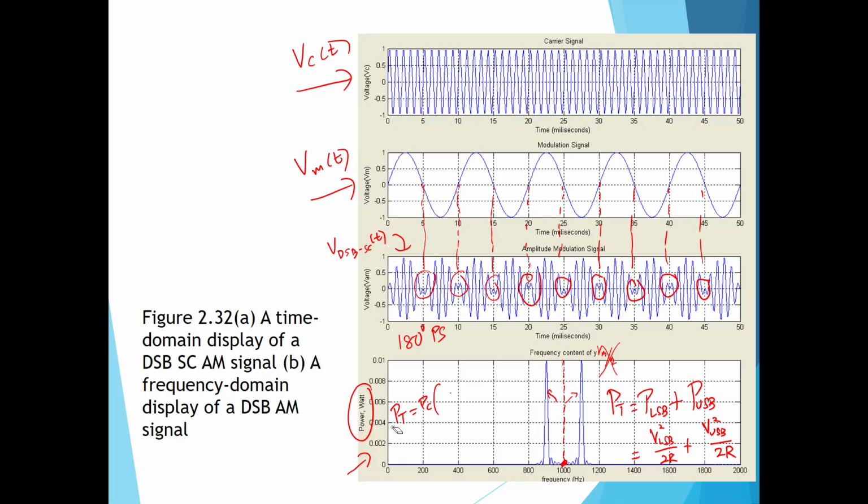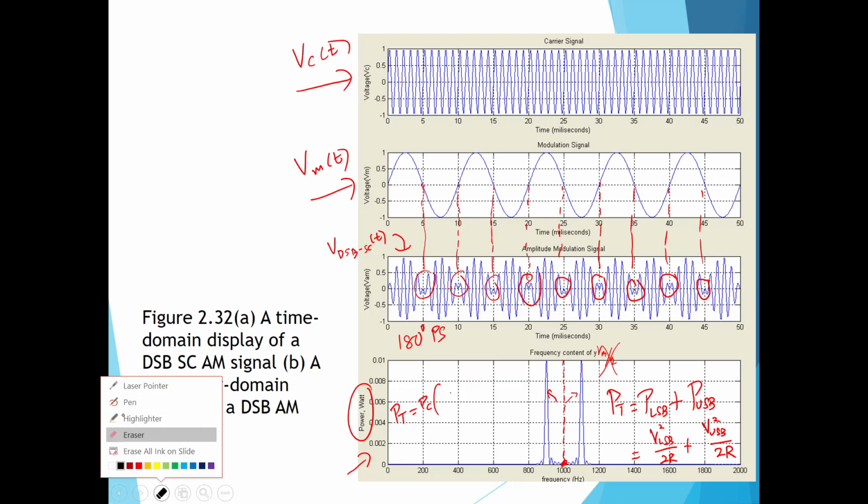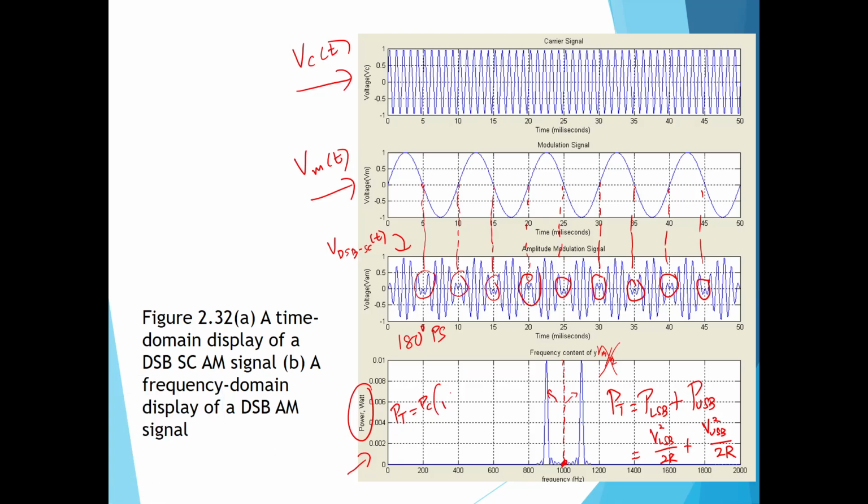You cannot use this equation anymore because this is not double sideband full carrier. Okay, don't use this equation. This is only true for double sideband full carrier. You need to use the general equation like this. So be careful.